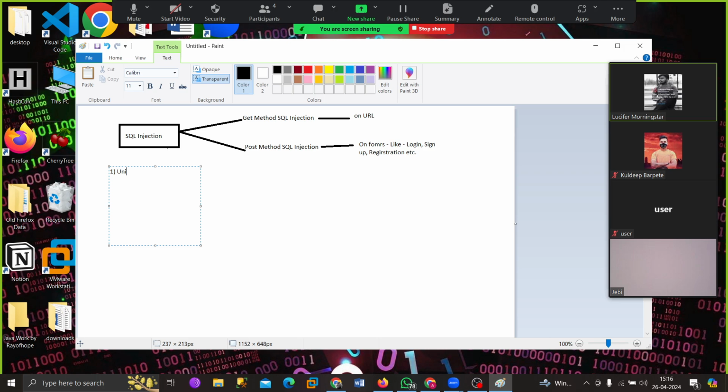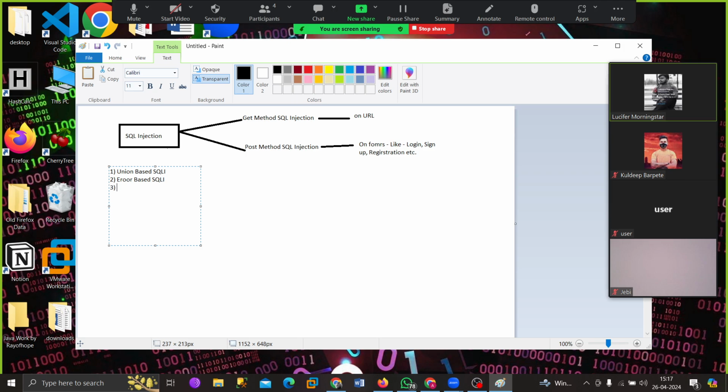One is union based SQL injection. Second is error based SQL injection.